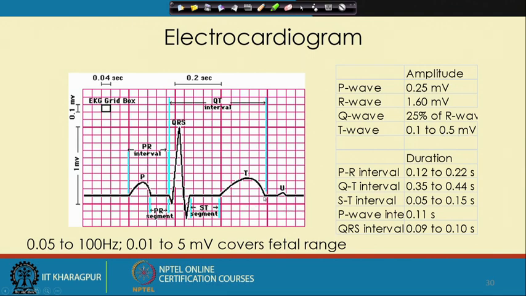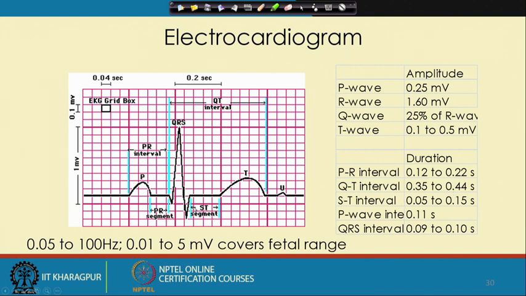If we look at the overall time frame, we get the PR interval from P to R, that is 0.12 to 0.22 second, compared to that Q to T, that means the ventricular time period, when the compression and decompression is taking place, is longer, 0.35 to 0.44.